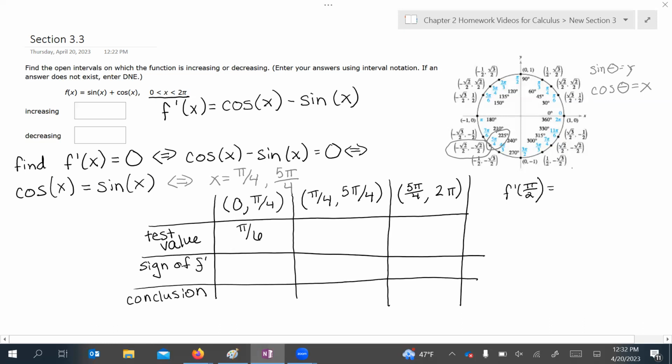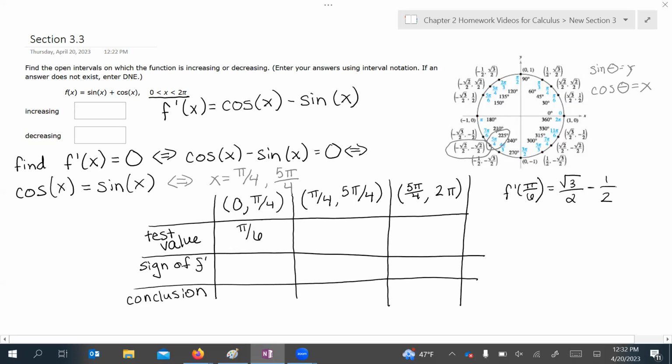For pi over 6, I have cosine of pi over 6, which is going to be square root 3 over 2, minus sine of pi over 6, which is going to be 1/2.